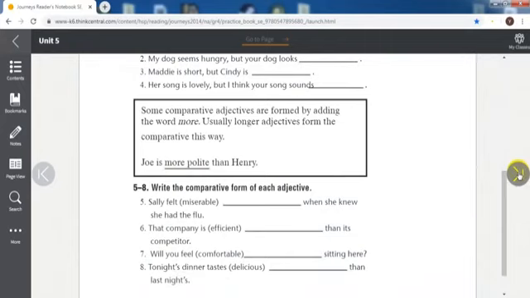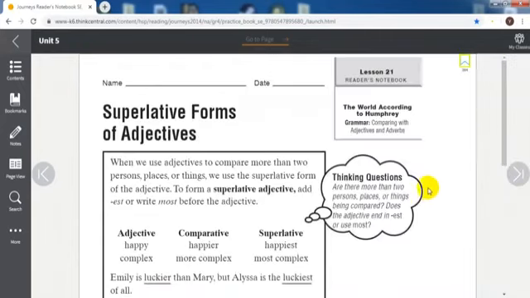Next page. Page 284. Let's flip to page 284. And now we're going to take superlative forms of adjectives. When we use adjectives to compare more than two persons, places, or things, we use the superlative form of the adjective. To form a superlative adjective, add est or write most before the adjective.